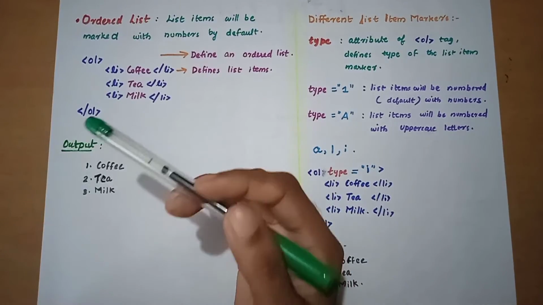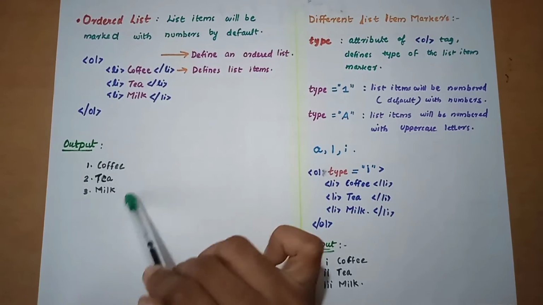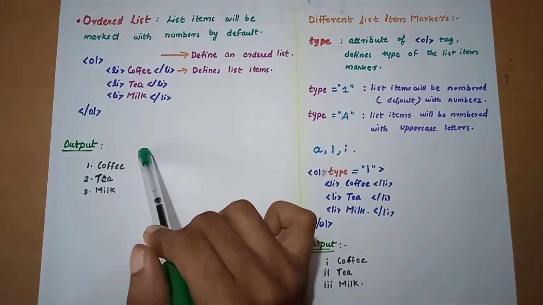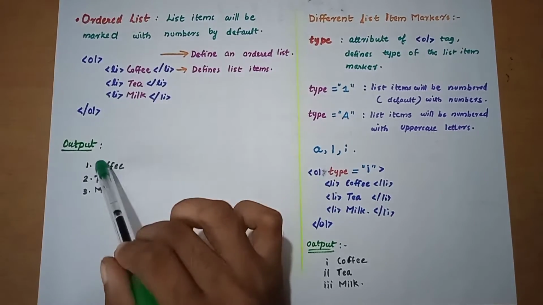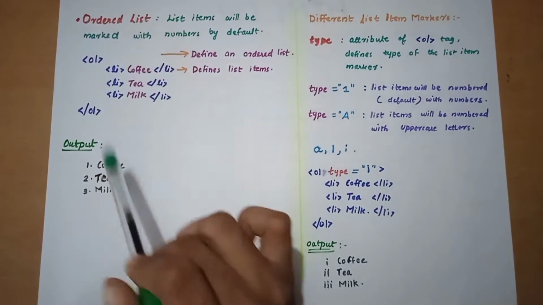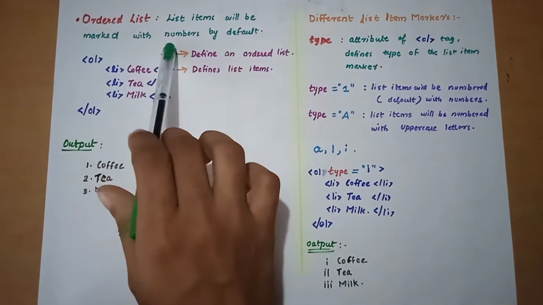Then if you need to add a heading for your display, I give an h1 tag before this, like "Ordered List", and then display the list. You can use an h2 tag as well.